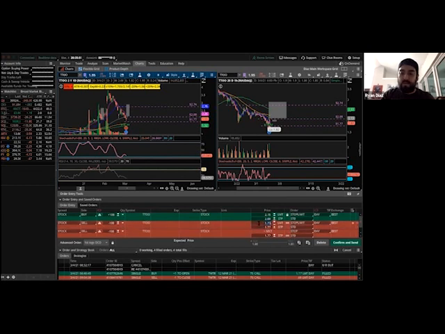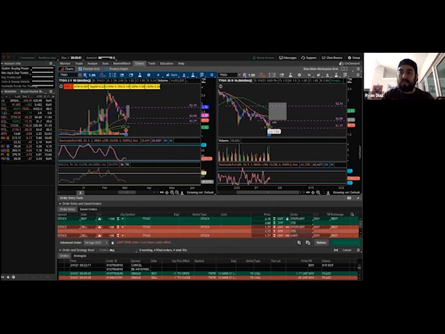And then we'll do 274 for the stop here. I want to make this smaller. There we go. 274. Let's say we wanted to get a little higher. So it would be like 275, something like that.